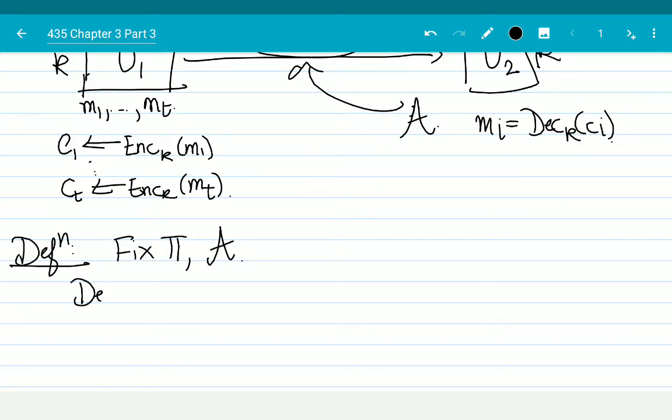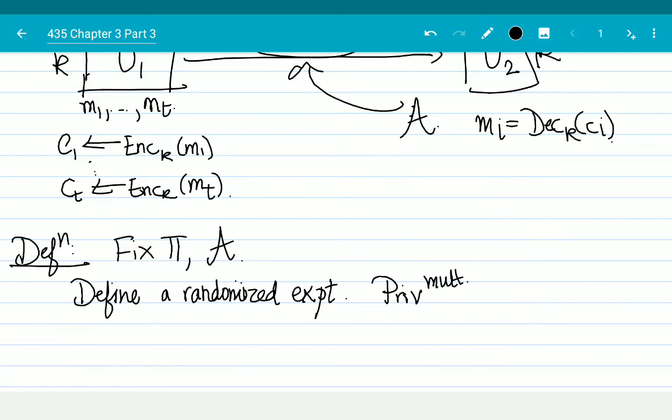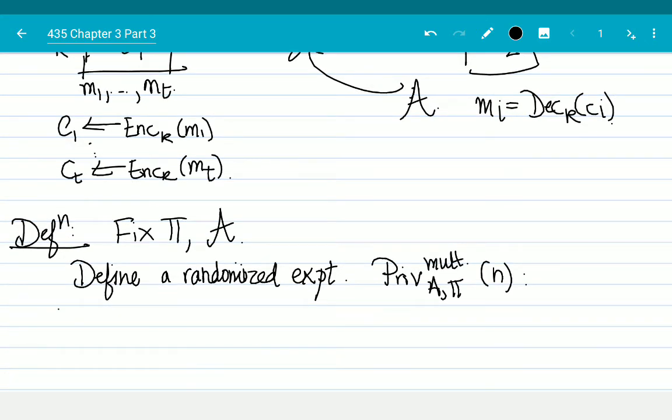And now define a randomized experiment, the multiple-message private-key experiment of A and pi of n, in the following way. First, A outputs two vectors.